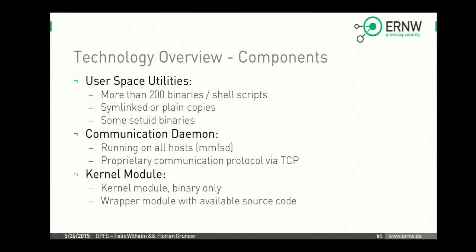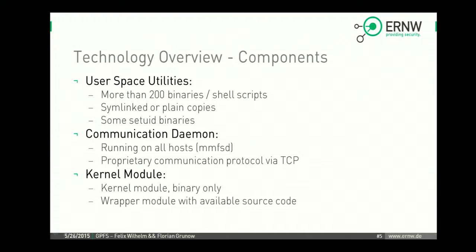So when you start the binary, it detects what its own name is, and then it starts to do something. Some of them are setUID, which makes it a prime target for a local attacker. And this basically sums up the user space utilities. So a lot of user space utilities, and they mostly share vast code bases.